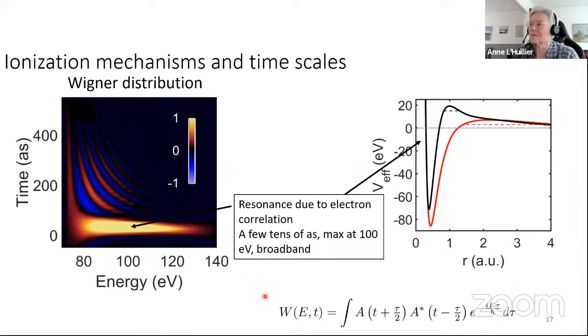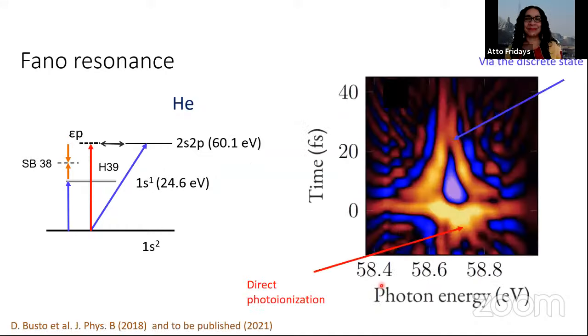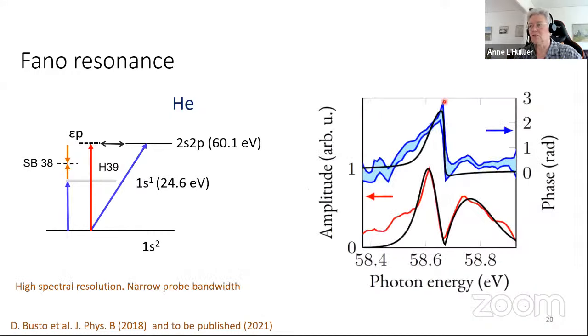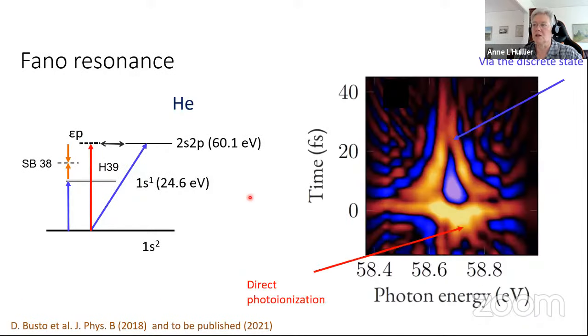For example, in this case here we think this is a very coherent wave packet that we create, showing this very sharp phase jump and interference process.